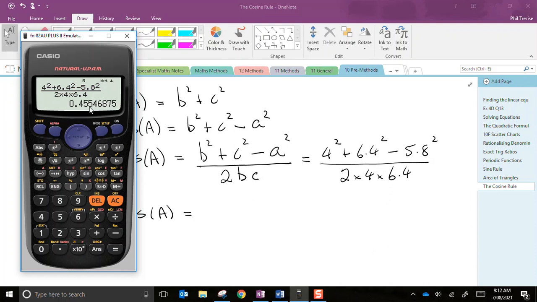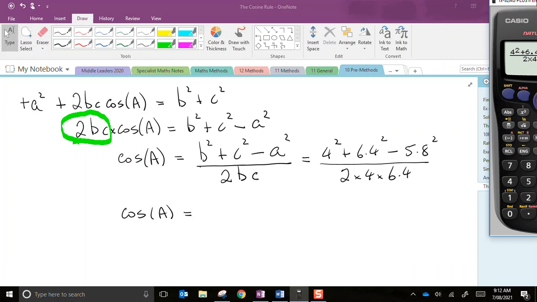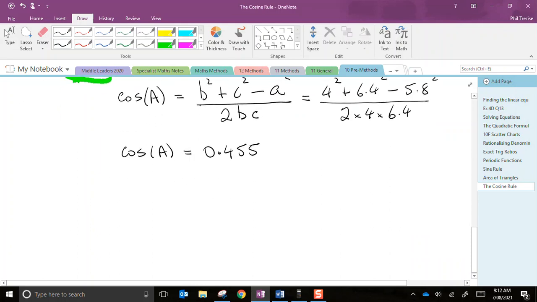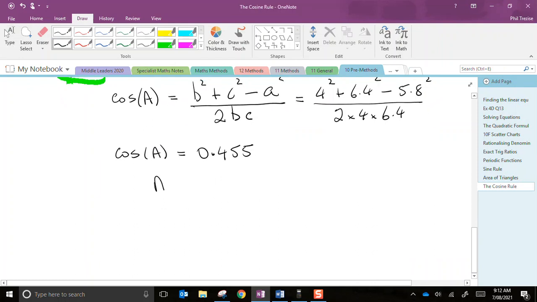And I have decimal 0.455. That's good. And now A then, the angle, would be the inverse cosine of this number, 0.455.